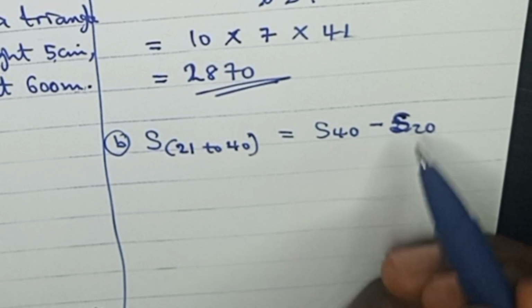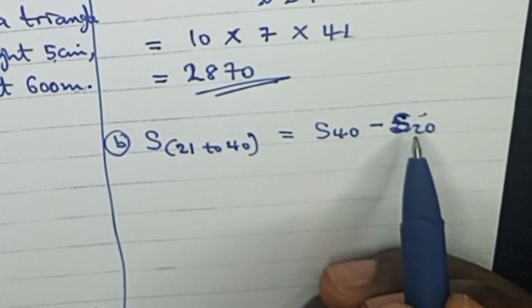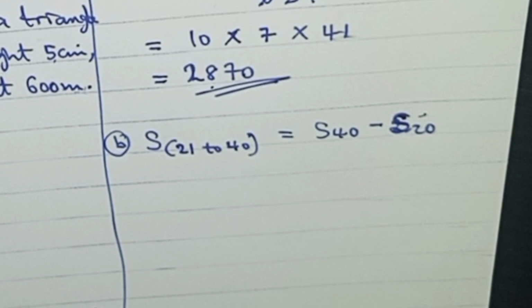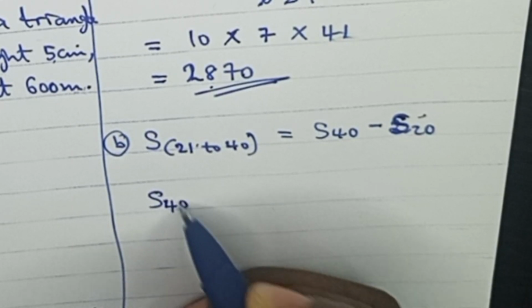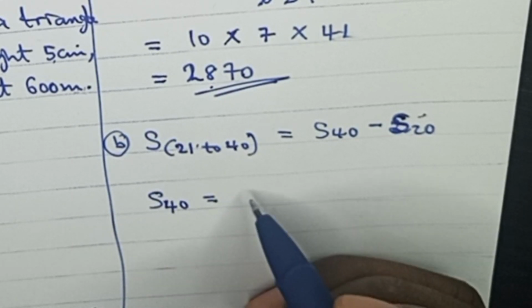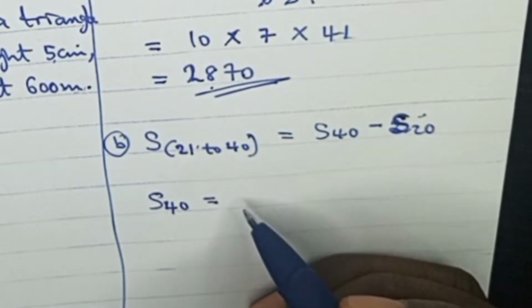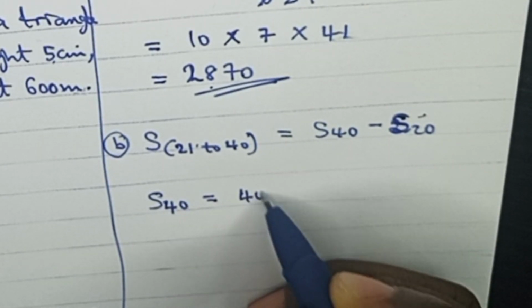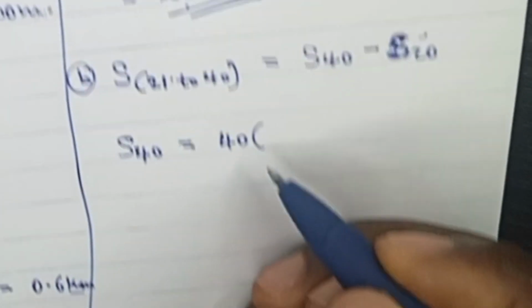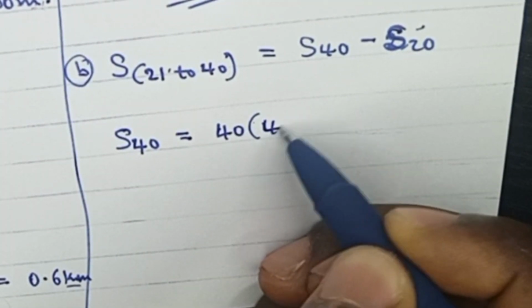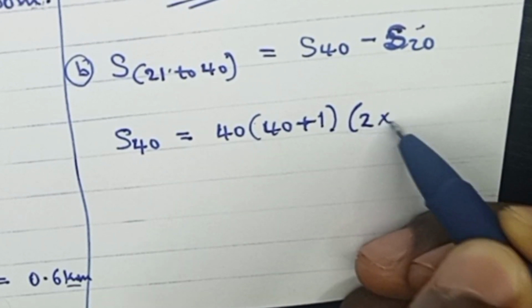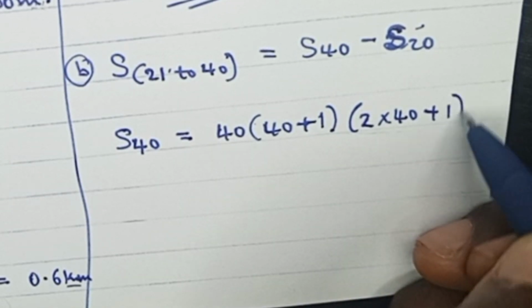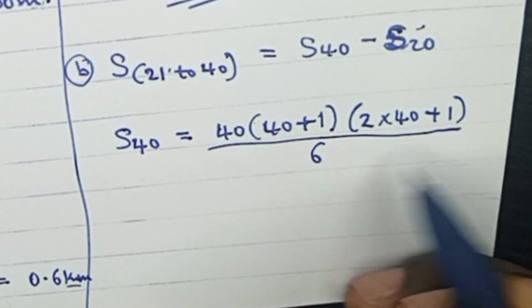So let's start with it. Since we already have S20, which is this, we just find S40 and subtract to get this for B. S40 is going to be equal to, from the formula, 40 into bracket 40 plus 1 into bracket 2 times 40 plus 1 all over 6.